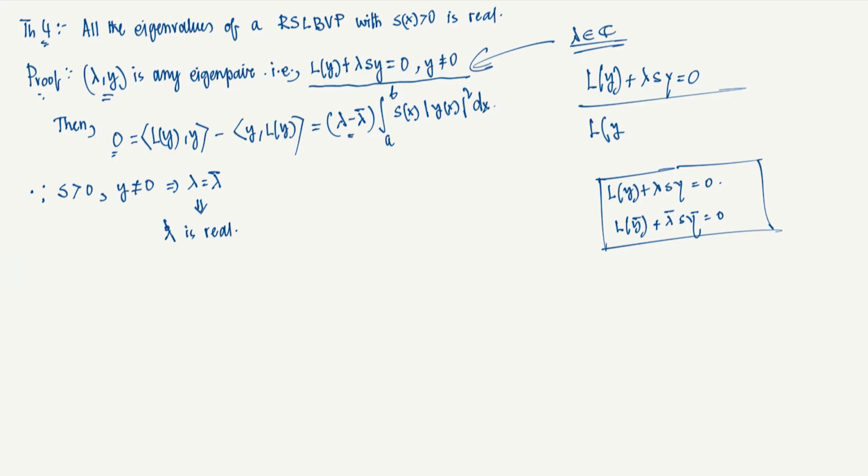Oh, one second. I made a small mistake here. I should write it as L of y bar minus y bar L of y. I hope this is correct now. Yes, now it is okay.